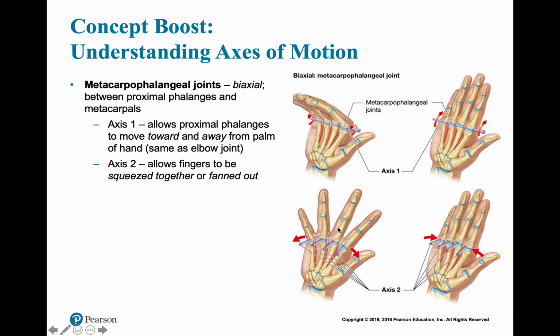This is abduction if you spread your fingers, and if you close your fingers, that's adduction. Abduction is spreading, adduction is closing. Abduction has a B in it, ABD. This is adduction, ADD, okay?